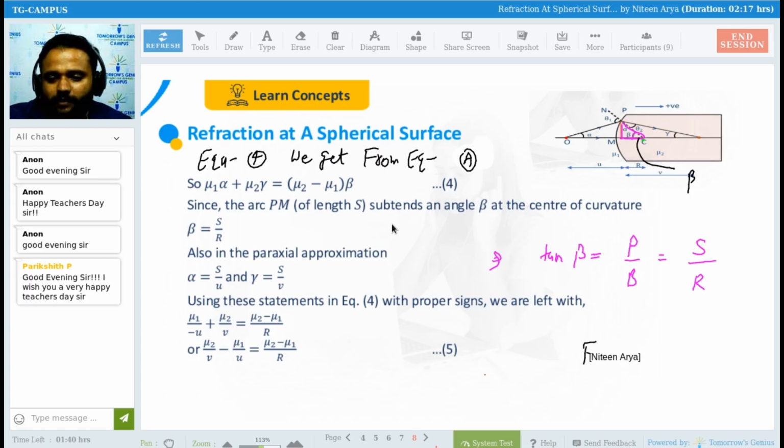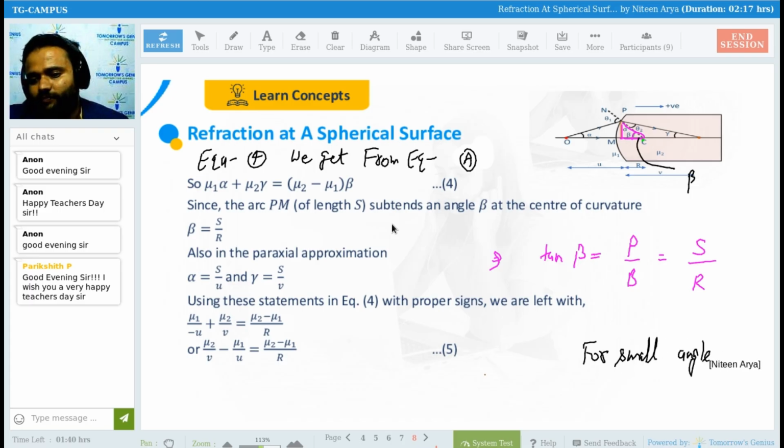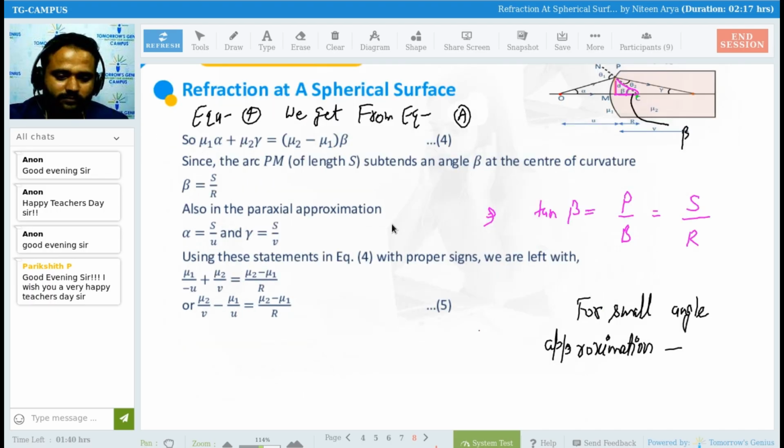For small angle approximation, tan beta is going to be beta.